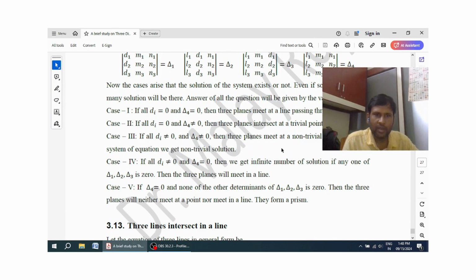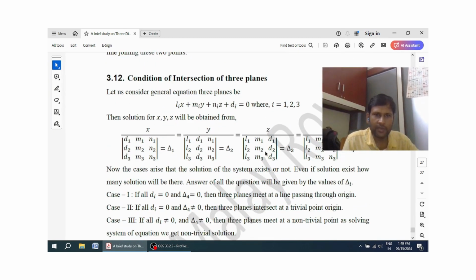And in particular, this condition of intersection of three planes: you can see here that if three planes intersect, then eliminating x, y, z, we get these four determinants, and the solution of x, y, z exists if delta 4 is not equal to 0.